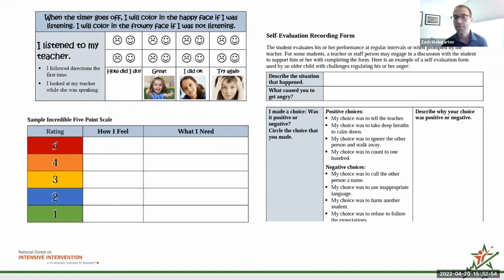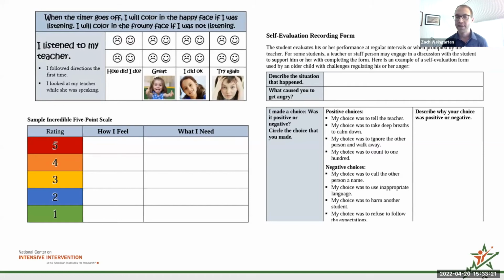This slide shows some forms that are available through NCII. On the top left, we have an example self-management form for a younger student whose goal is to listen to their teacher. They would fill in the smiley face or frowny face depending on how they're doing at that time, and it's a way to help students self-reflect and build some of that self-awareness.